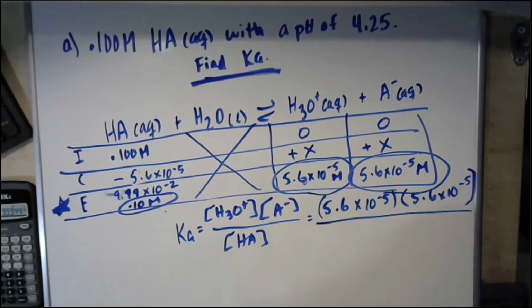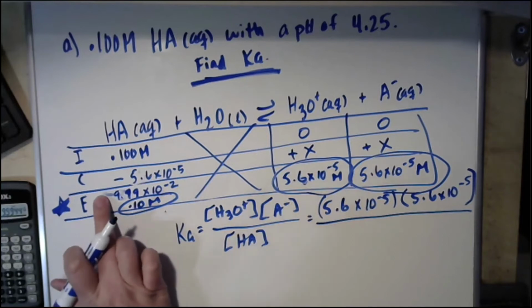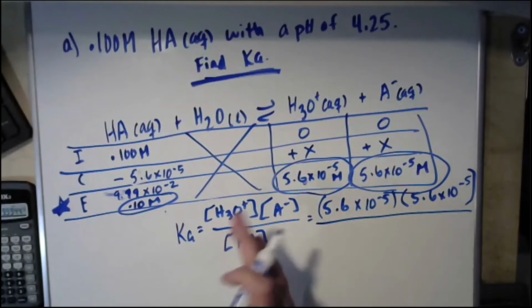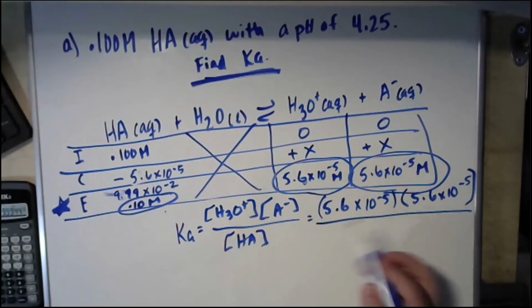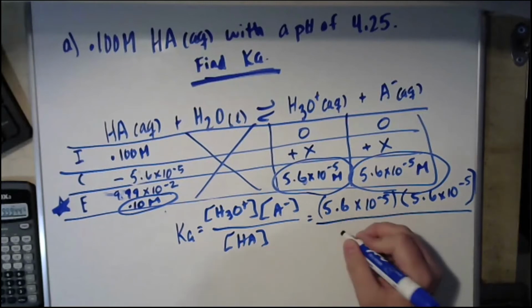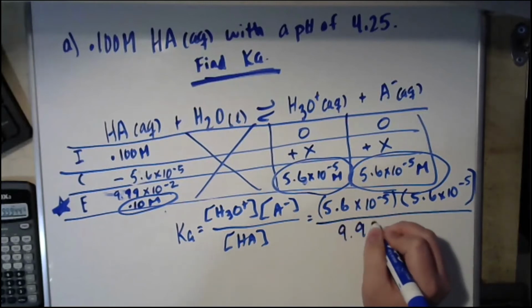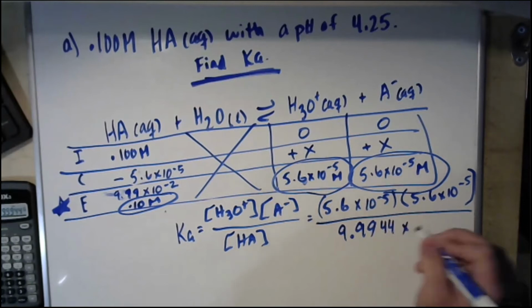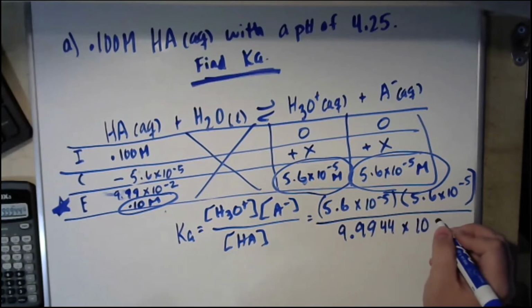I don't like to round until the very end, so I'm going to put in my full calculator value underneath here, but keep in mind that my final Ka value that I'm going to report is going to be to two significant figures.